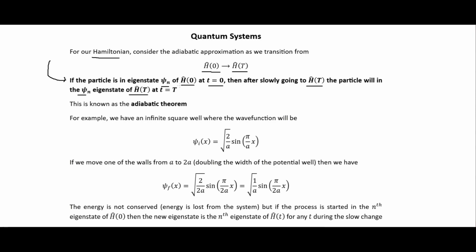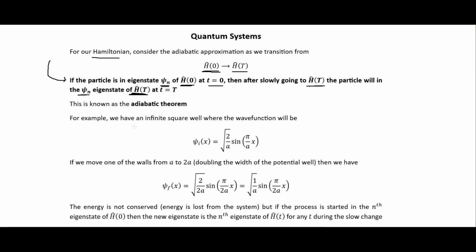And so we're looking at these two different Hamiltonians at different times after undergoing some adiabatic process. At time t equals 0, it is in the nth eigenstate of this Hamiltonian. Then after we undergo the adiabatic process, it is now in the nth eigenstate of this Hamiltonian right here. So the energy will change, but the fact that we're in the nth eigenstate will not change.